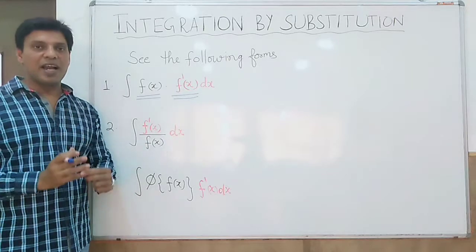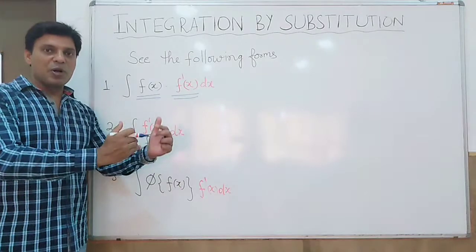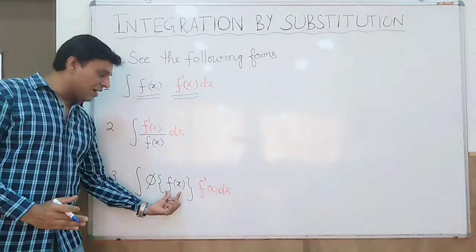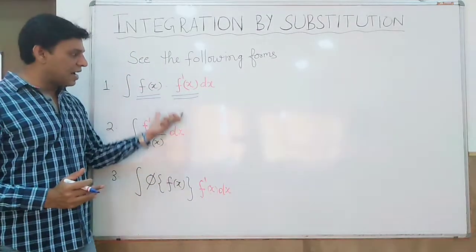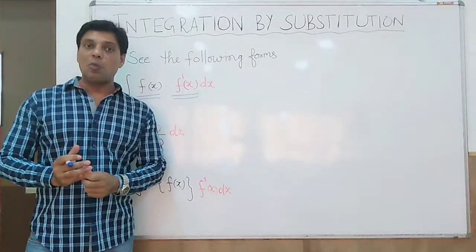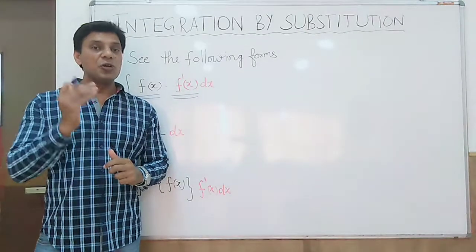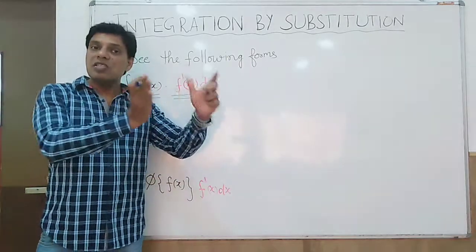You have to identify that your f x is combined with another function, but its derivative you are having with dx. So whenever you identify these types of forms, because while performing this type of integration, you have to identify which function we have to substitute.